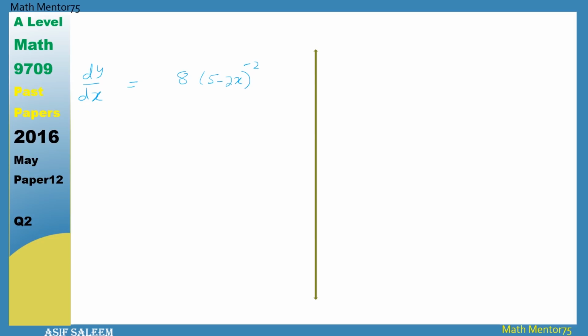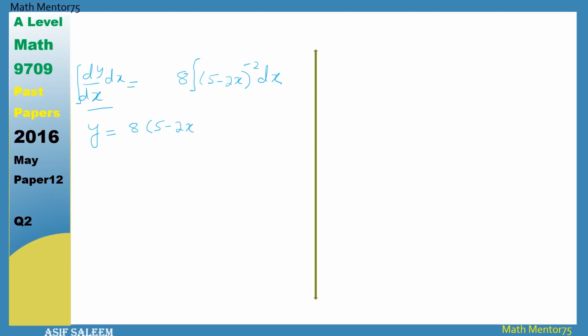So if we want to go back, we are supposed to do the reverse of differentiation, which is integration. So what we are going to do, we will integrate left hand side and the right hand side with respect to x. So by definition, this left hand side will become y, and we will integrate the right hand side. We know the method.